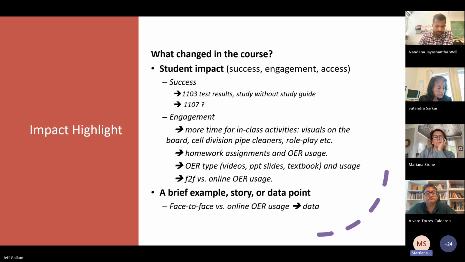Another thing I've seen with students using these OERs is that I had more in-class time for my activities. I do a lot of activities with them. I ask them to read the PowerPoint slides and come up with ideas to transform the text into visuals: role play, cell division, pipe cleaners, a lot of hands-on activities, because that's what they like.